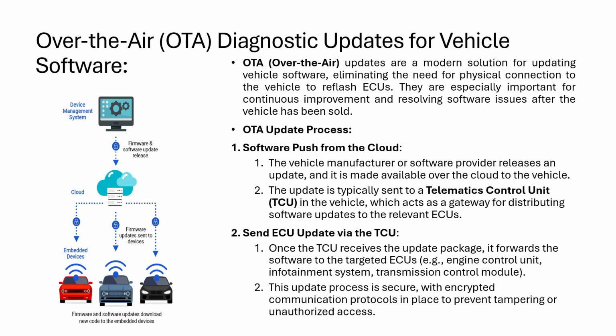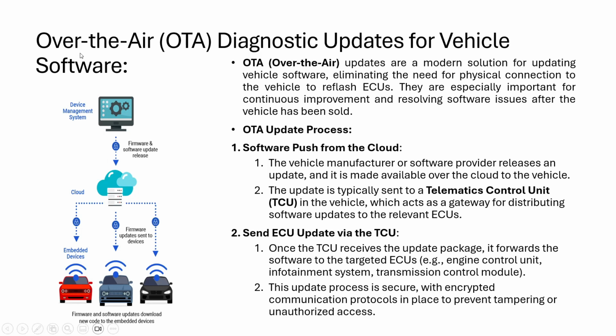The telematic control unit is the gateway for external communication protocols. It understands the external communication networks, gets the updated software, and distributes it to the concerned ECU or hardware unit in the vehicle.